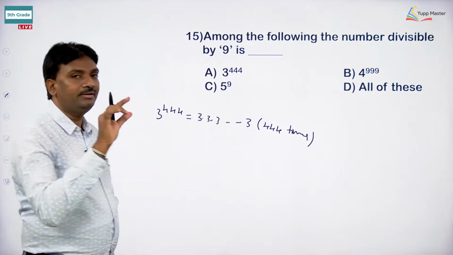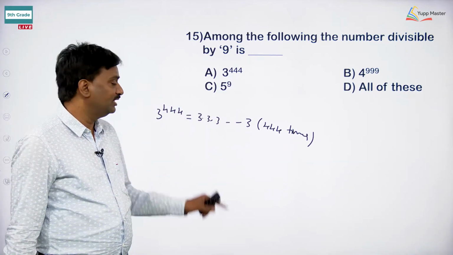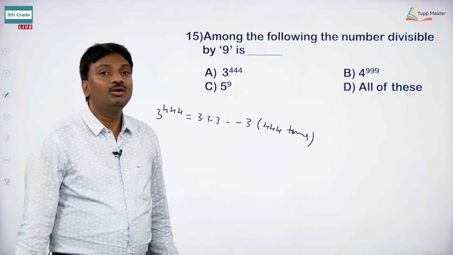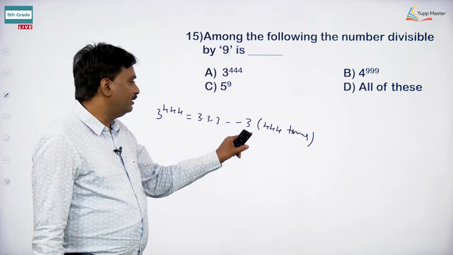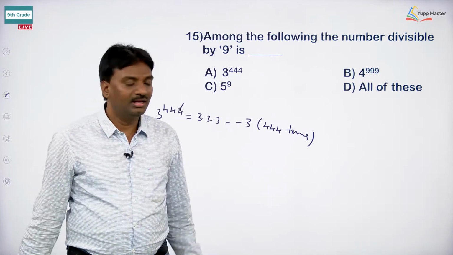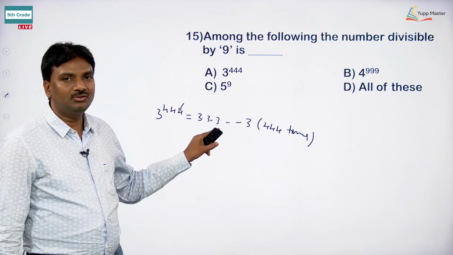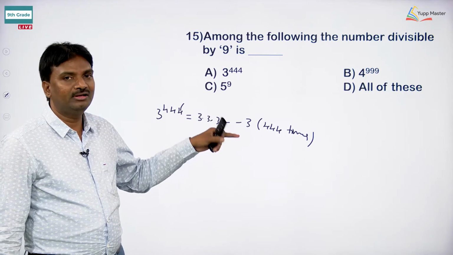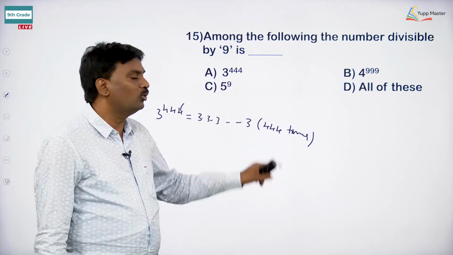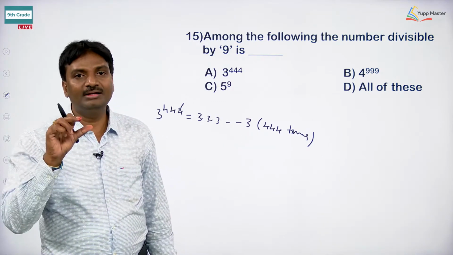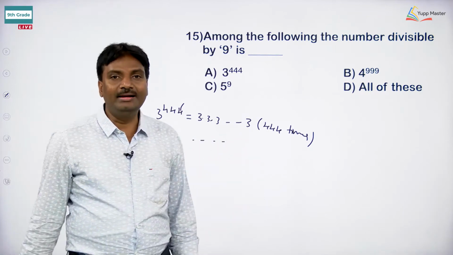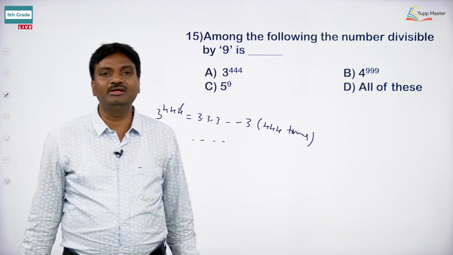So this is not a 444 digit number. 3 into 3 is 9, 9 into 3 is 27, 27 into 3 is 81, 81 into 3 is 243, and so on, up to the 444th 3. If you multiply all those 3s, you will get some number. That may be a 10 digit number or 15 digit number or 20 digit number.